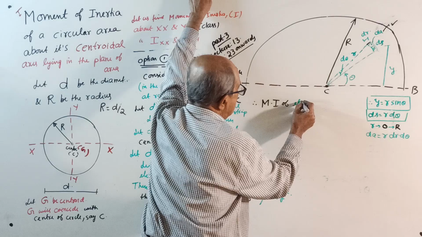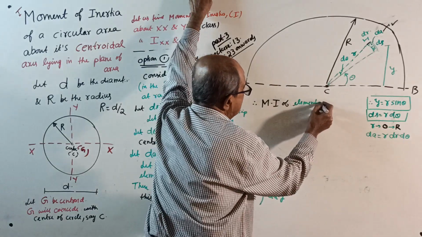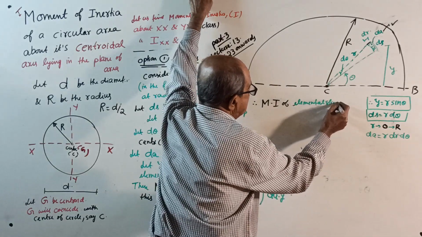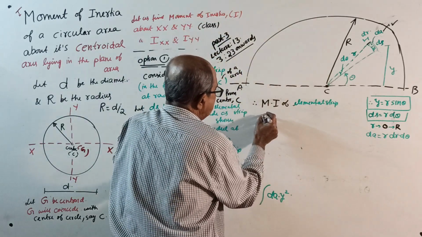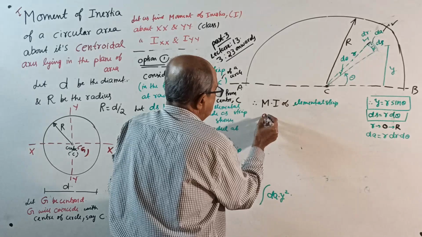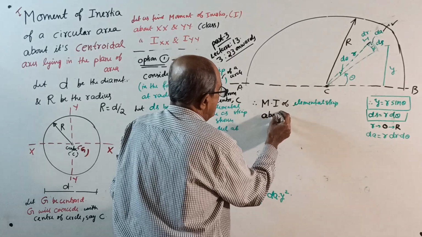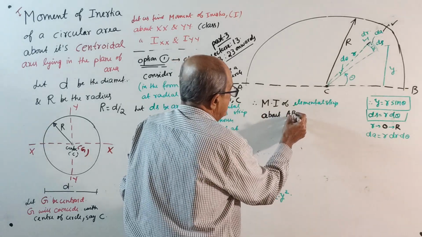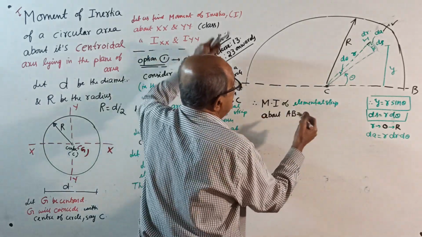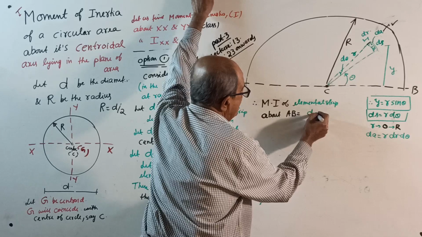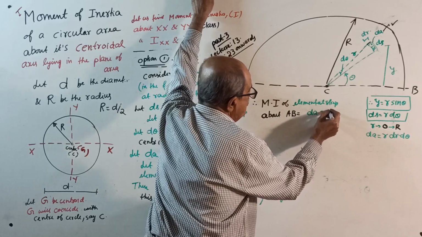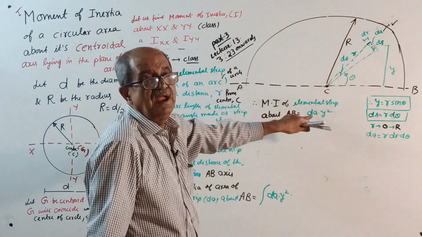The moment of inertia of the elemental strip about which axis? About AB equals dA into y square.